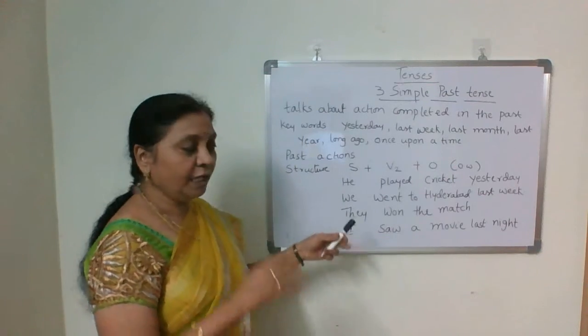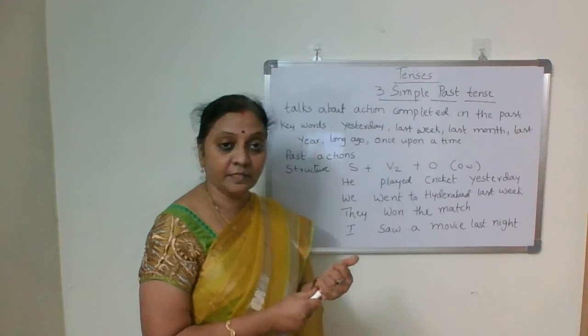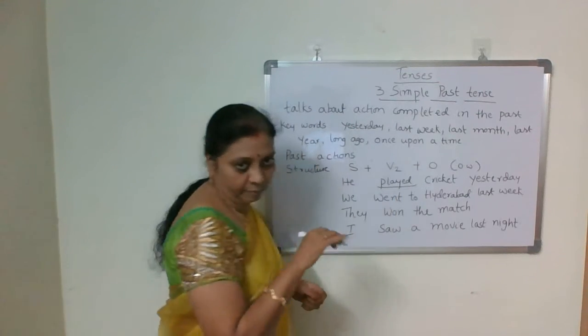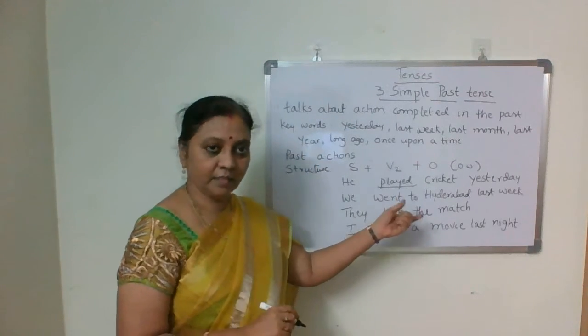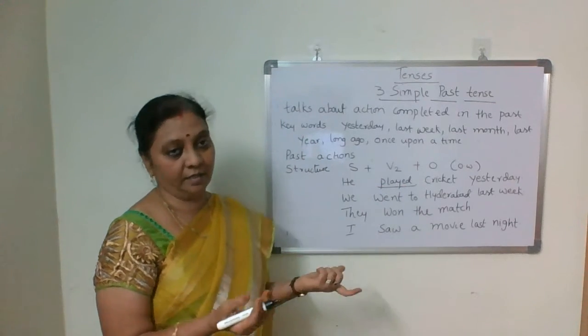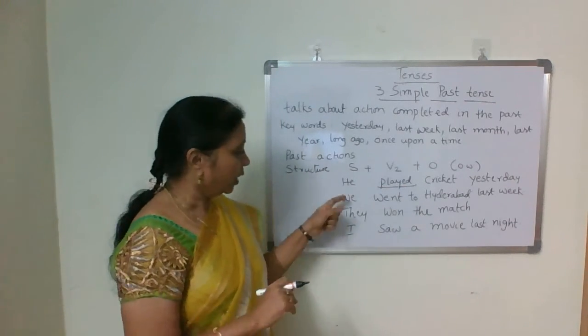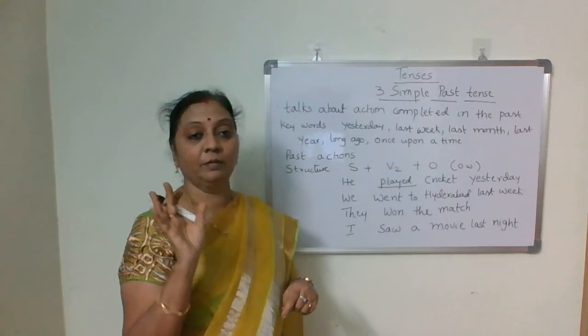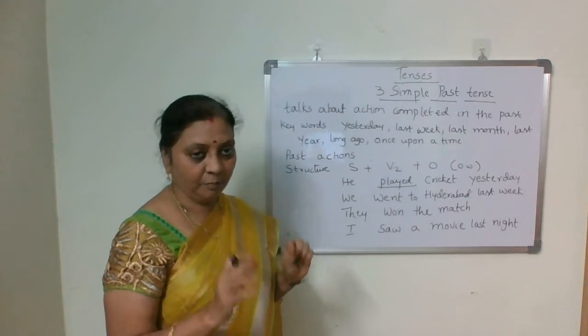Okay. He played cricket yesterday. He played. Played, base form play, isn't it? Now we are using the second one, V2. He played cricket yesterday. Completed. We went to Hyderabad last week. Completed.